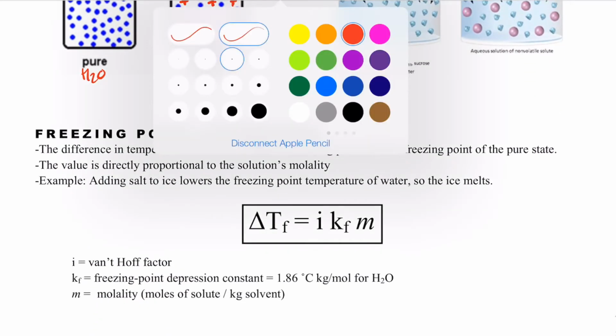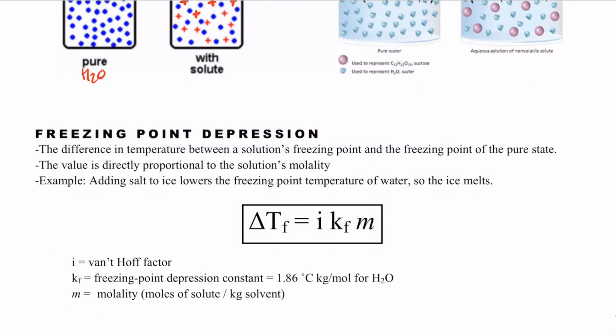Okay, freezing point depression, what that means is that you can lower freezing points by dissolving salt or an ionic compound.